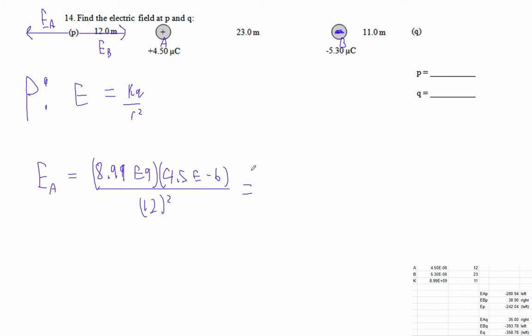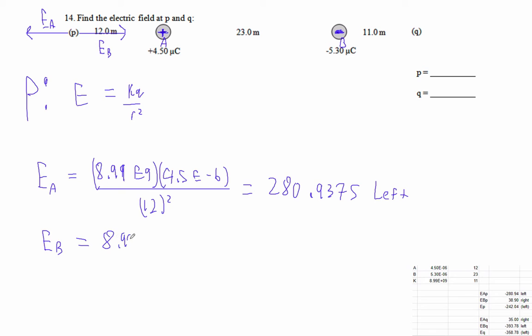Okay, we can do this. 8.99 E9 times 4.5 E minus 6 divided by 12 squared. This is 280.9375, and that is to the left. And it's to the left because it's away from the positive charge. Away, run away.